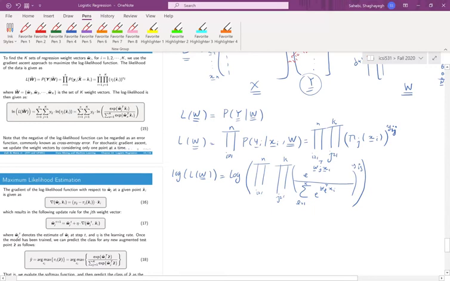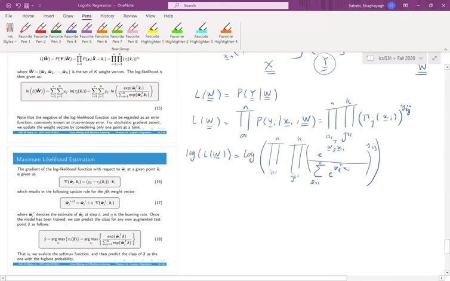Okay, so that is going to be the logarithm of our likelihood that we have to define and take the derivative with respect to w's to be able to do the gradient ascent algorithm.